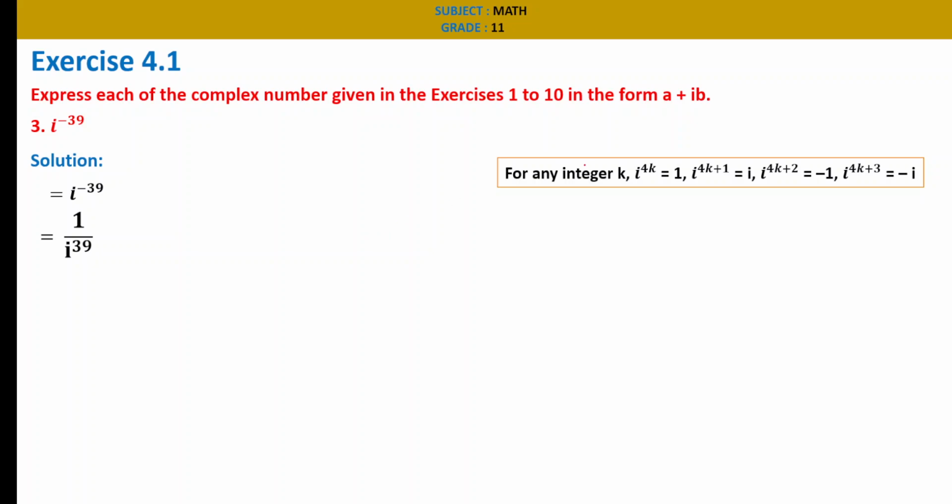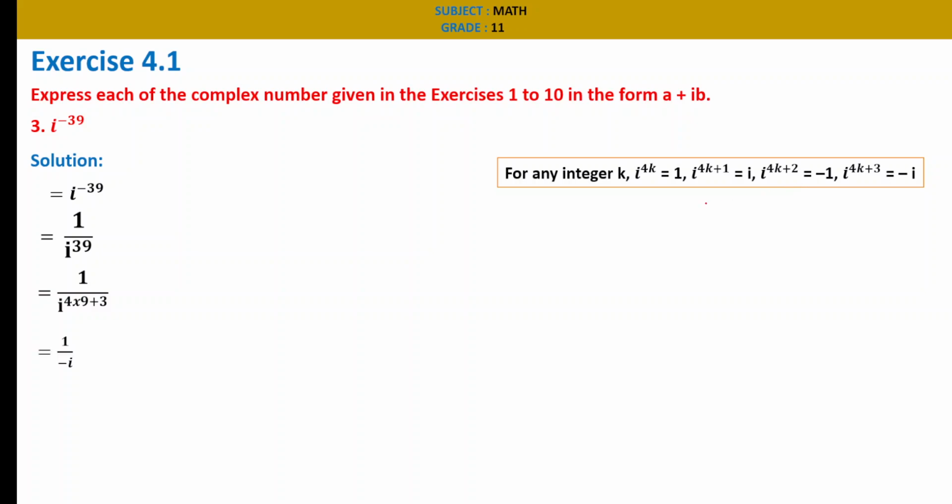Now we know the formula: I power 4k is 1, 4k plus 1 is I, 4k plus 2 is minus 1, 4k plus 3 is minus I. Let us express 39 as a multiple of 4 plus a number. 39 can be written as 36 plus 3, and 4 nines are 36. So I power 4 into 9 plus 3, which is in the form of I power 4k plus 3, that is minus I.